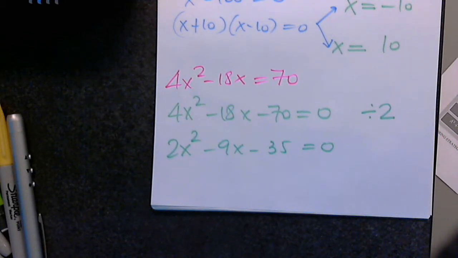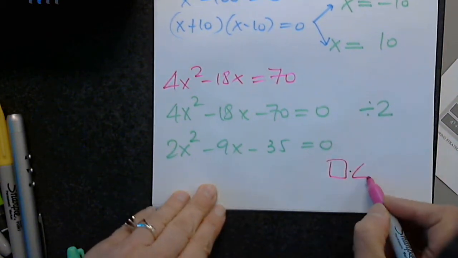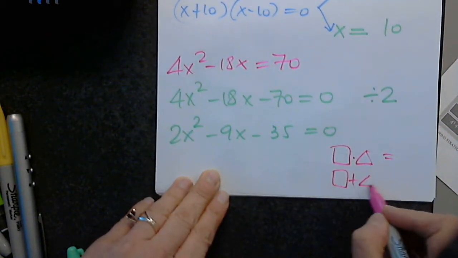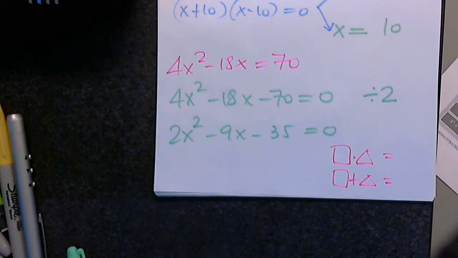Okay, so now I look at this trinomial and I say, okay, it's in descending order, no special product, 1 is not the leading coefficient, oops, it's the most difficult type, in which I'm trying to find two numbers whose product is and whose sum is.